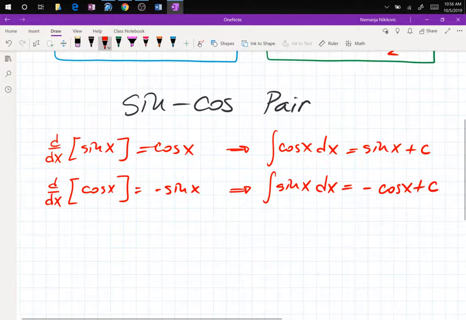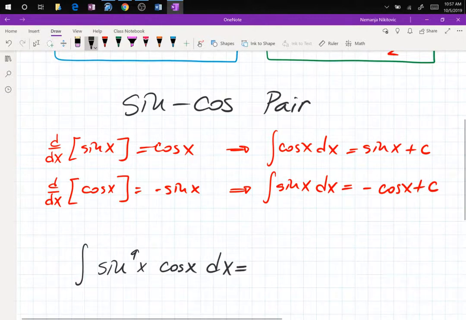So these are your basic Calc 1 formulas, and we just get to use them now, right? Or get to see the introductory basic example that you should know by now from the U sub era of, let's say, sine to the 9x cosine x dx, right?